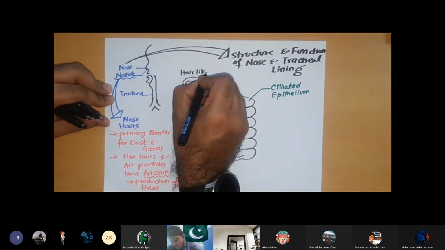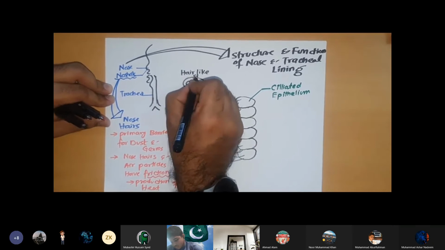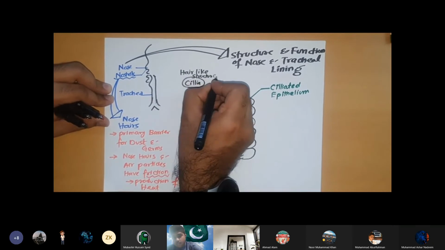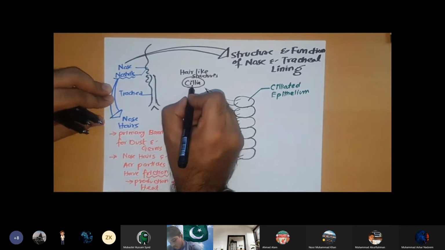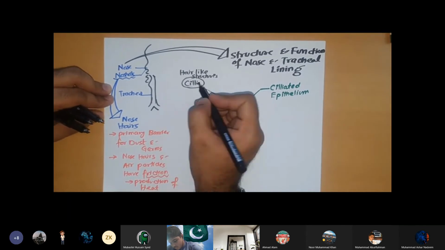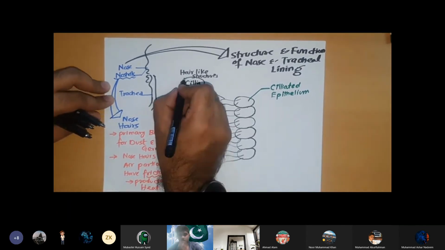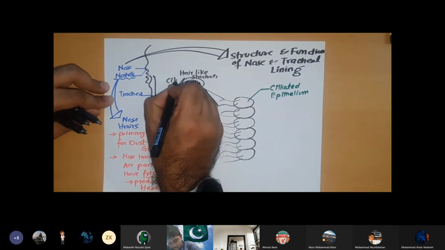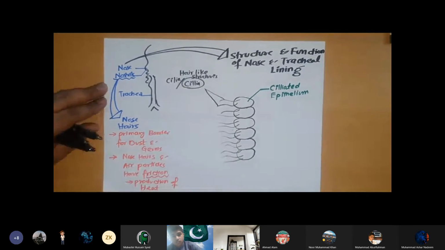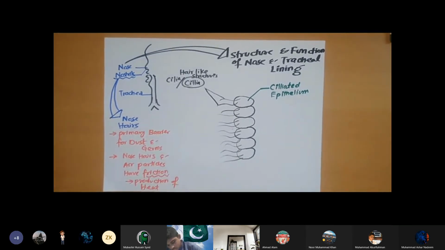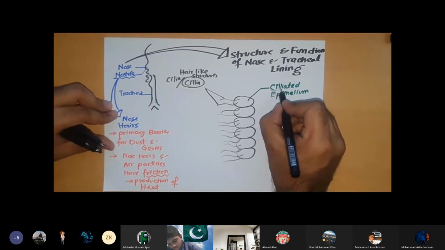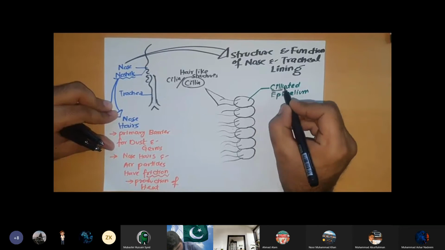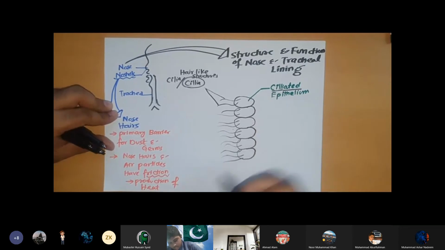Remember, I am saying they are hair-like structures; they are not hairs. In some books, the spelling of cilia is C-I-L-L-I, and in some books it is C-I-L-I-A. These cilia are hair-like structures.